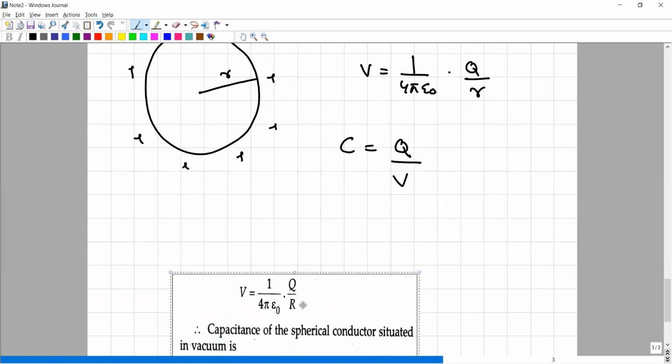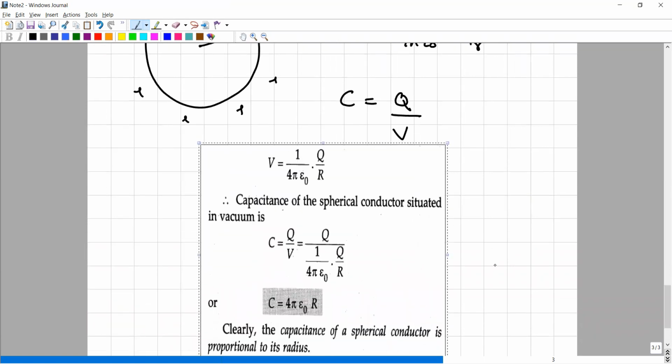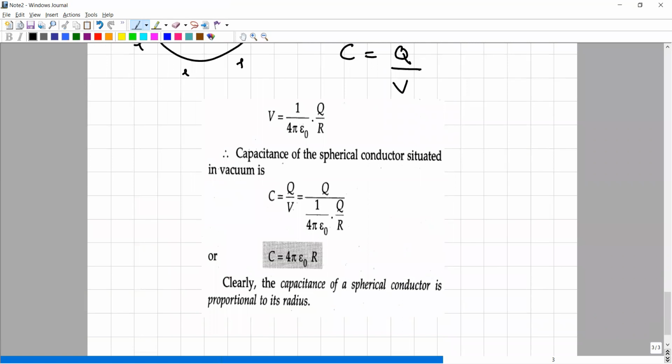So capacitance would become C is equal to Q by V, and V is equal to 1 by 4 pi epsilon naught Q by R. You can take these two Q out, and this 4 pi epsilon naught R will go on the top in the numerator, and then your C will become 4 pi epsilon naught R.